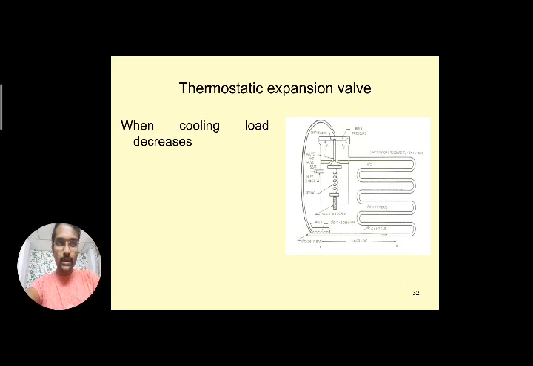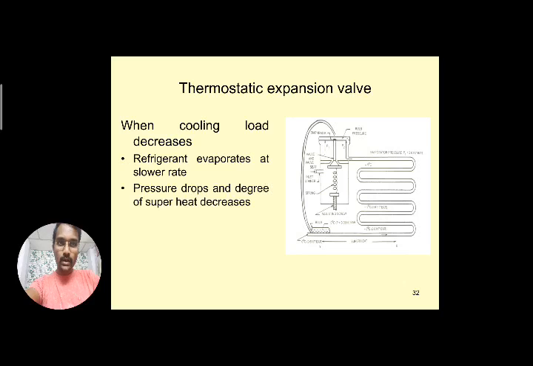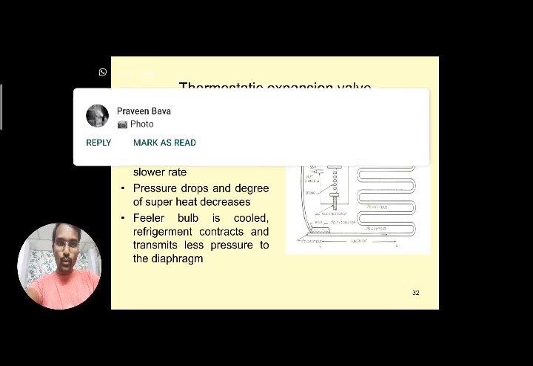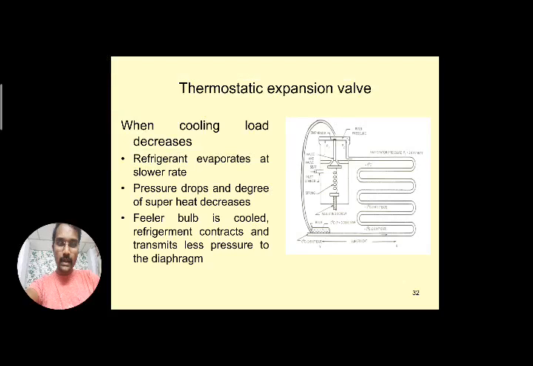Now the opposite case: when the cooling load decreases, the evaporation rate is slower. The pressure drops and the degree of superheat also decreases. The feeler bulb gets cooled and transmits less pressure.